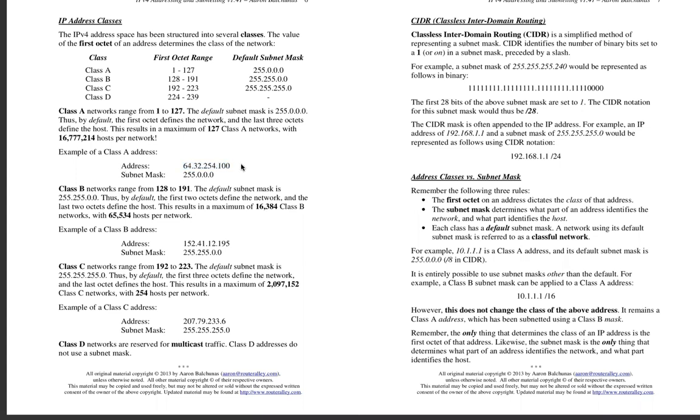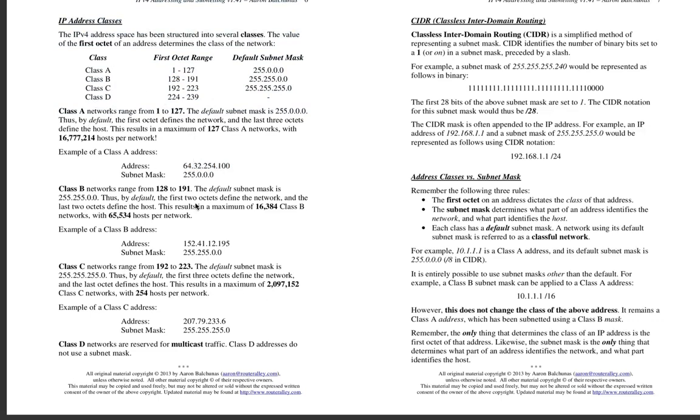So class A, you should be able to keep this in your head. You should know this as a networking student or someone who knows networking. Whenever you see an IP address, it could be your device IP address, whatever IP address you see, you should be able to classify it under any of these classes.